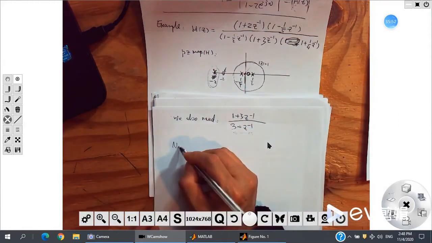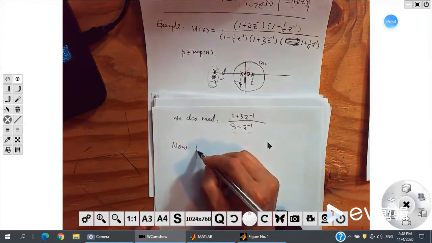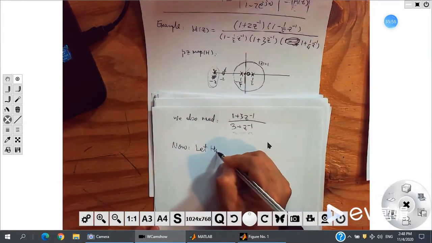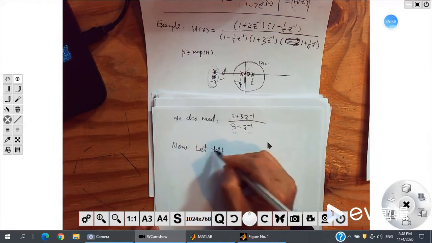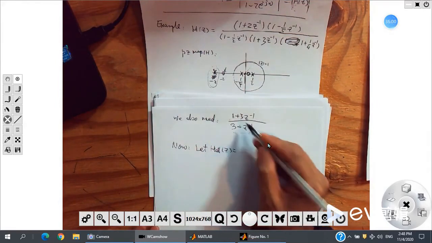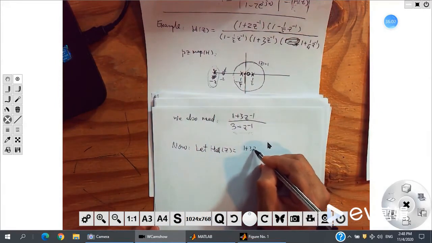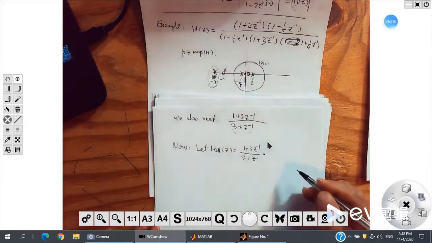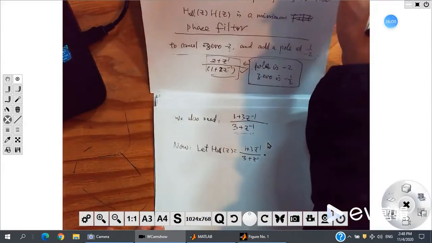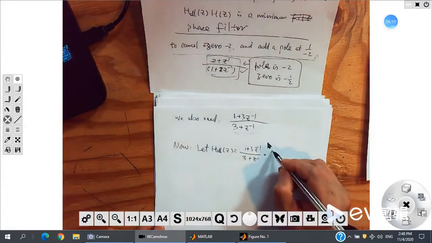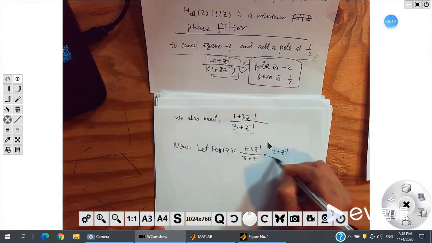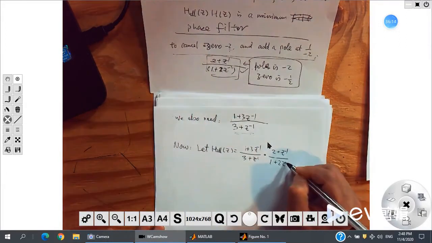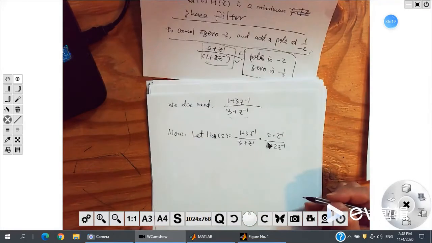Now I combine these two together. Let this all pass filter be this one, 1 plus 3z to the -1 over 3 plus z to the -1, times the previous one, 2 plus z to the -1 over 1 plus 2z to the -1. Is this an all pass filter?